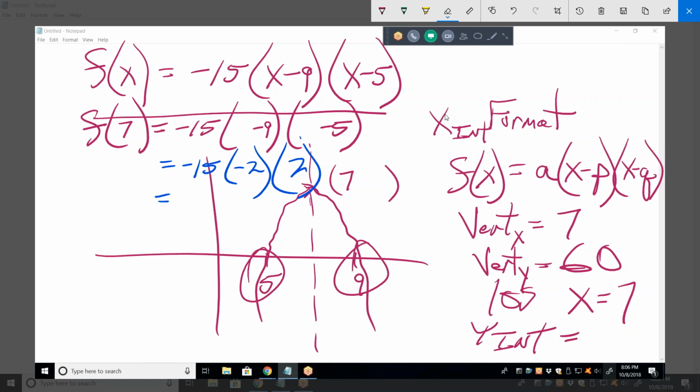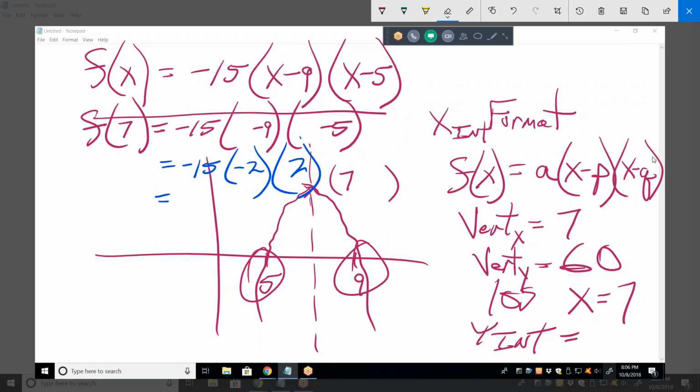The y-intercept is a piece of cake. You just substitute 0 for x. But the x-intercept is a little harder because you have to substitute 0 for f of x and solve for x. And that involves a quadratic, probably needs factoring, and all kinds of things. So the x-intercepts are much harder to figure out.